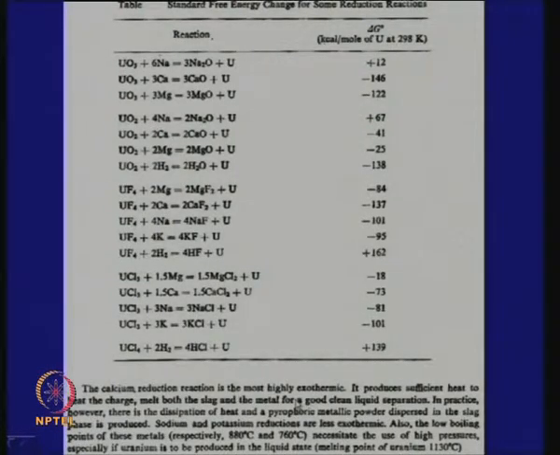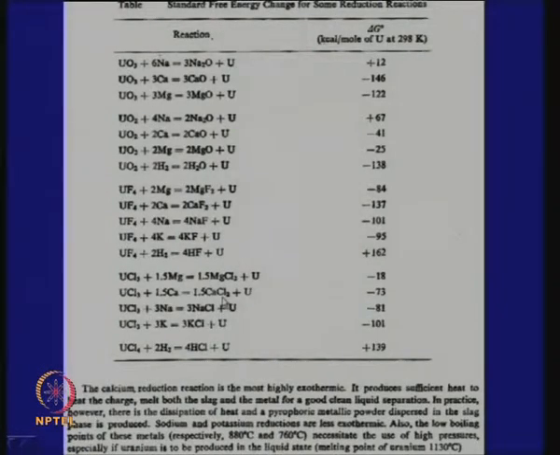In theory, this is good. In practice, however, there is dissipation of heat, because no matter where you do it, you can't really keep all the exothermic heat with you. There will be a lot of dissipation, and because of dissipation, a pyrophoric metallic powder dispersed in the slag phase is produced. Say for example, you talk about the calcium reduction of uranium trichloride.